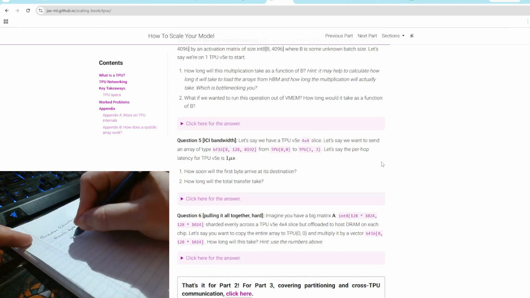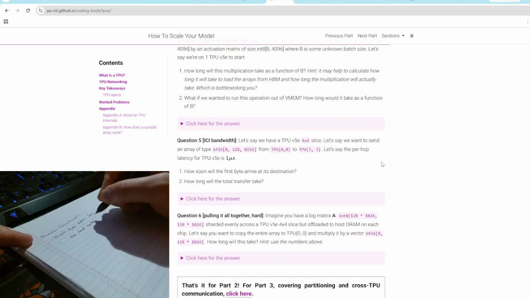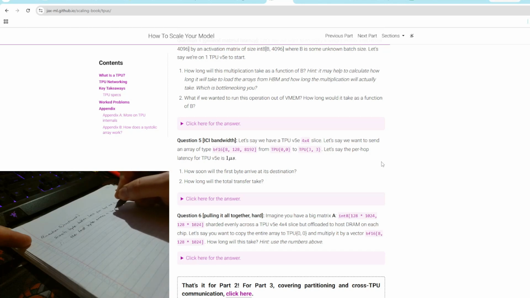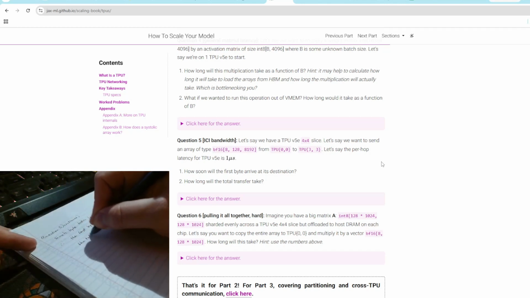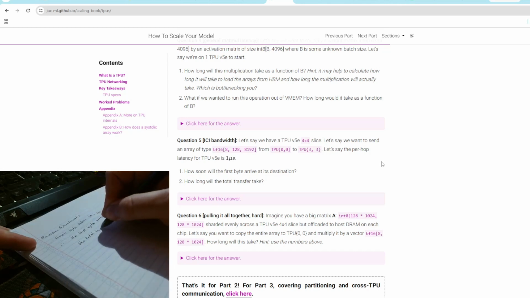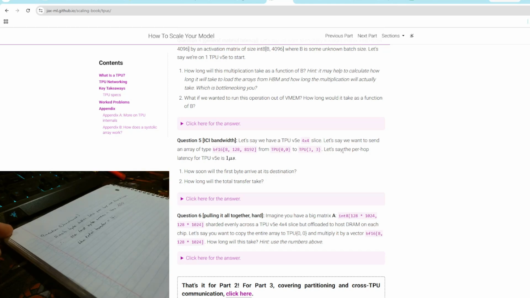Therefore, the first byte arrives in 4 microseconds and the total transfer equals 4 microseconds times the total number of bytes.